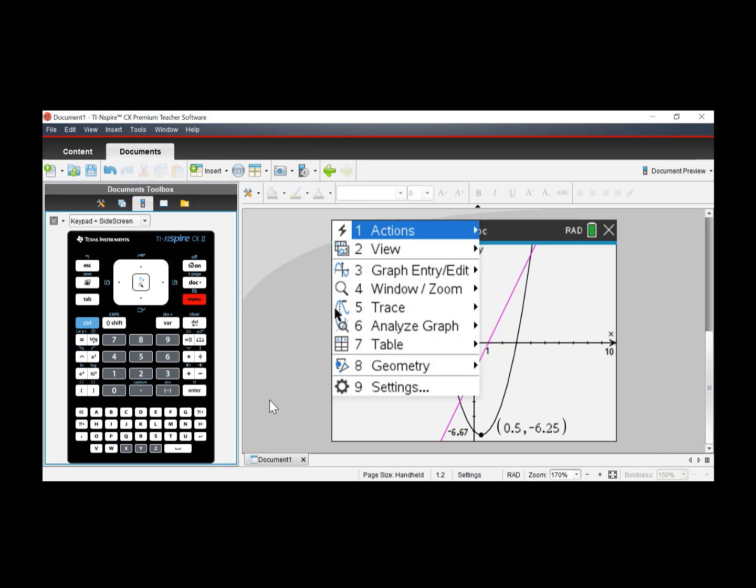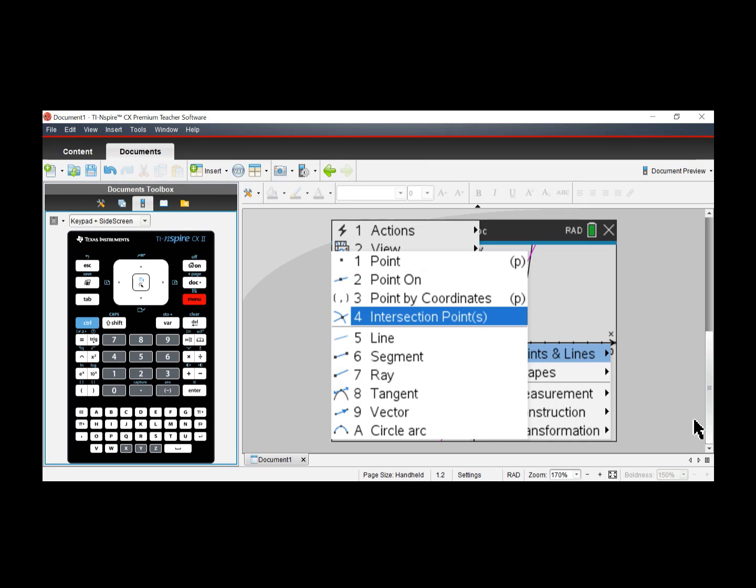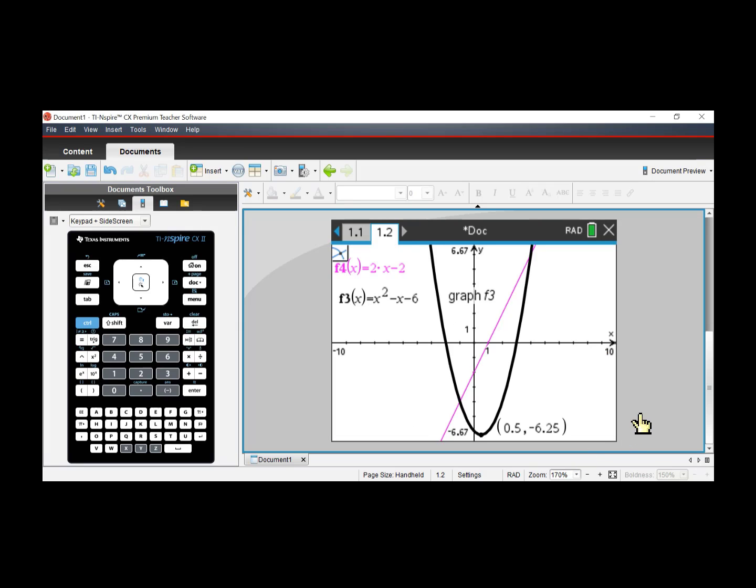I'm going to go to Menu, Geometry, Points and Lines, Intersection Points. Rewind it if you need to watch it again. Click on the parabola, click on the line, escape to get out of it. So I have a point here at (4, 6), and I have a point down here at (-1, -4). There we go, guys. All right, hope this helped.